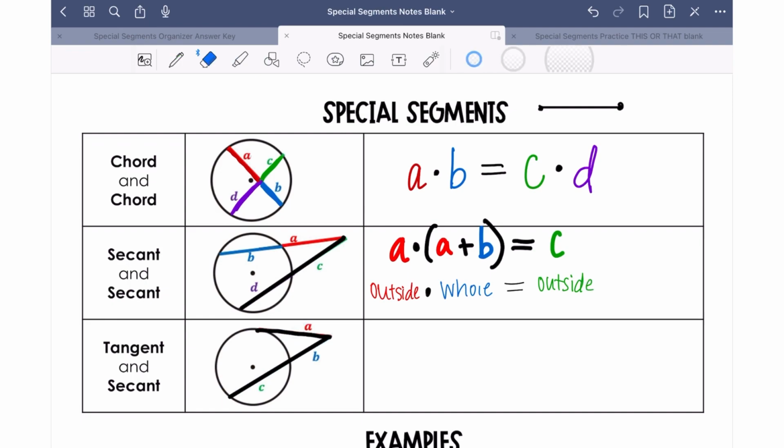So use your colored pencils. It's this part of the other secant line, the outside, times the whole thing again. So it would be C plus the other part, which is D. So outside times the whole equals the outside times the whole.